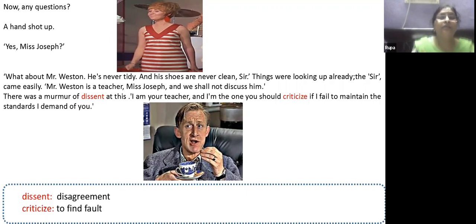And now this girl by the name Miss Joseph is pointing out the teacher called Mr. Weston and telling that he is never tidy. Means he never comes neatly dressed to the school. He's never neat. And moreover, his shoes are never polished. They are very untidy. They're not clean.